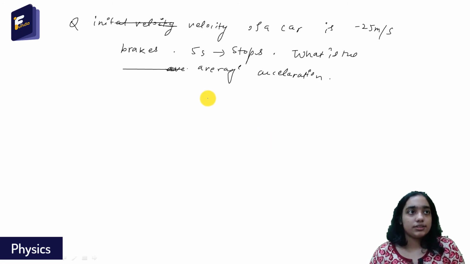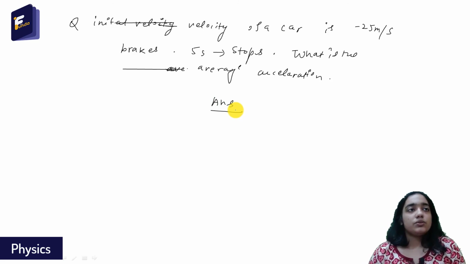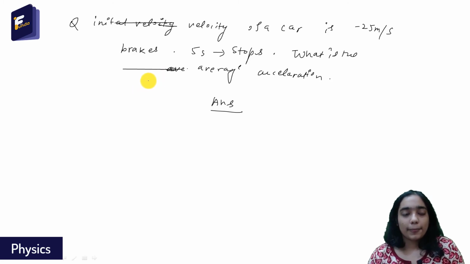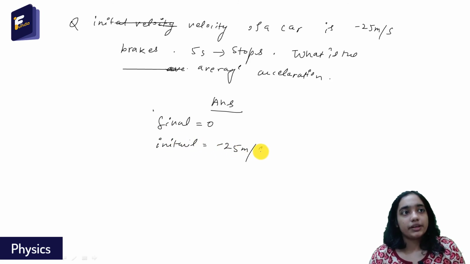The answer is: as you know, it stops, which means the final velocity is 0. What is the initial velocity? Initial velocity is minus 25 meter per second.